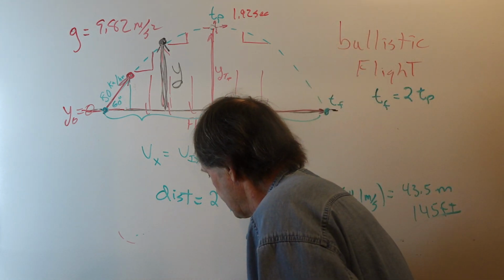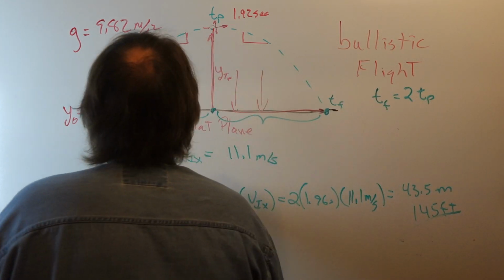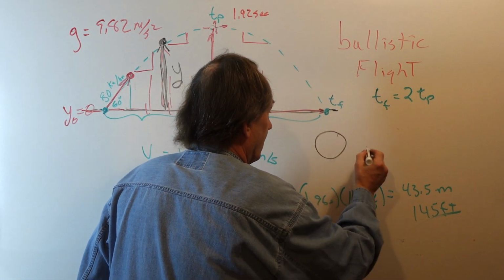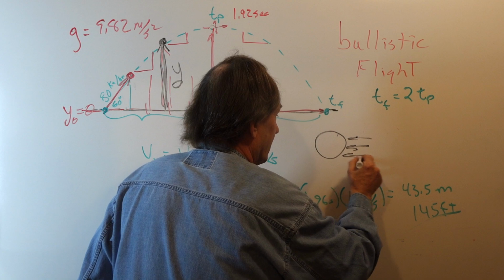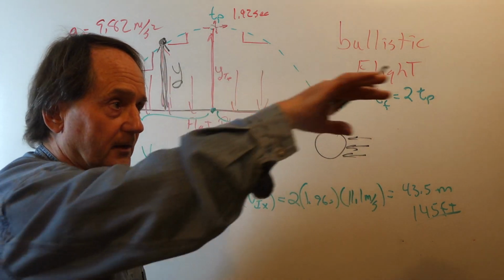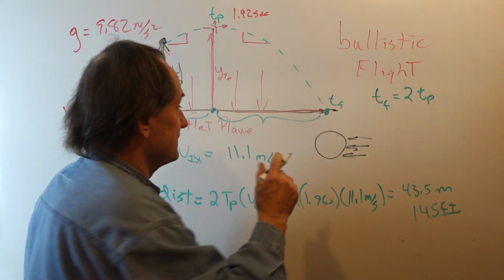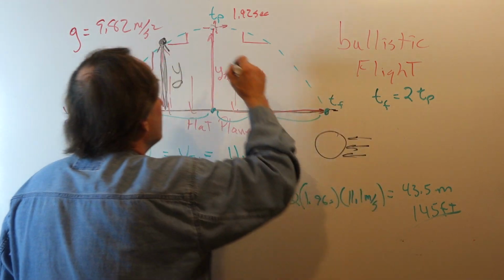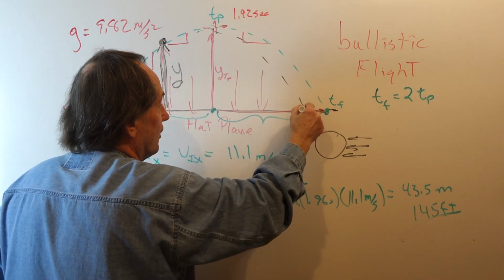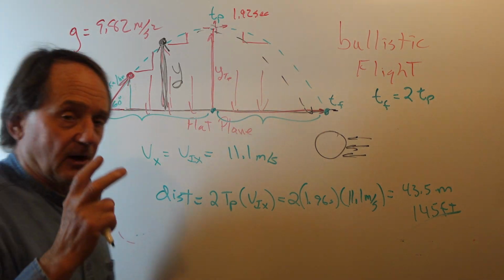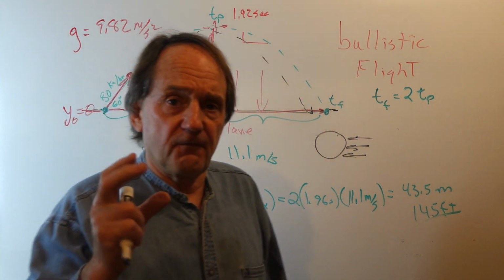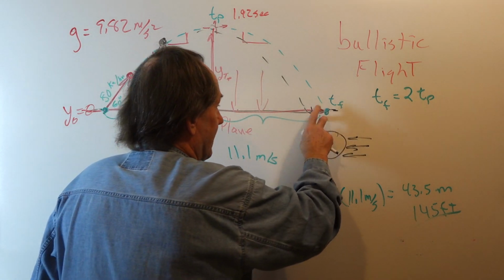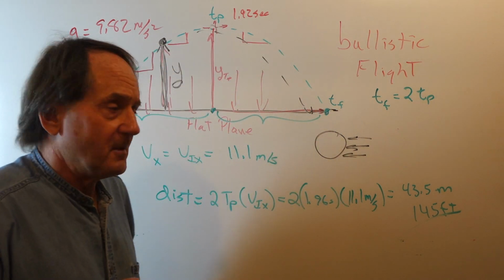Of course, in the real world, if you take, say, a baseball and you throw it, there is some air friction. As that object is going through the air, it tends to slow the object down. So rather than going out 145 feet, it'll fall a little bit short. But if your object is spherical and fairly heavy and not too big, the error here will be very, very minimal.